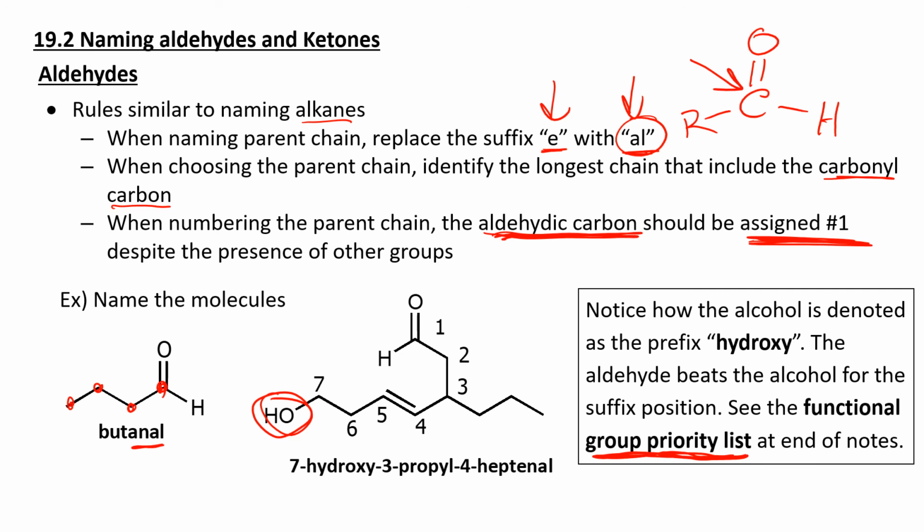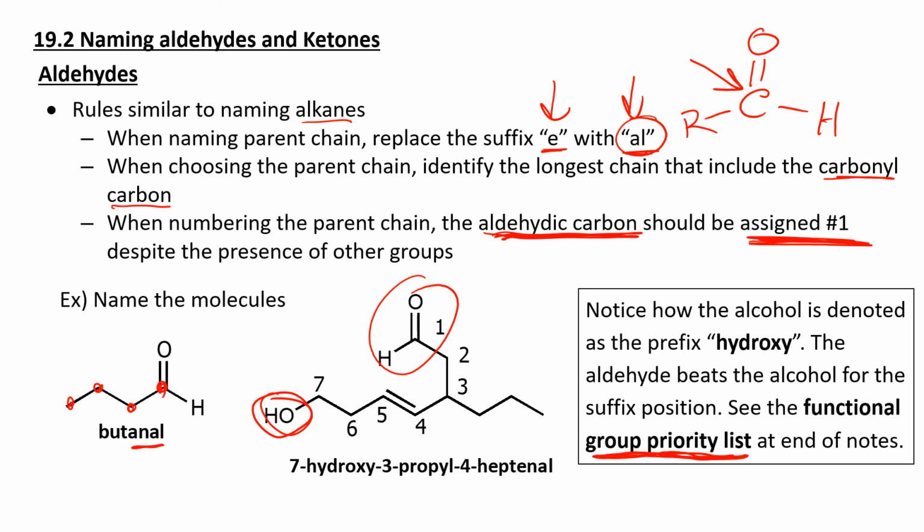You'll see that an aldehyde beats the alcohol. So when we have 2 high priority suffixes, you have to look at the list to see which one takes priority. So an aldehyde beats the alcohol, so we're going to call this a hydroxy group.